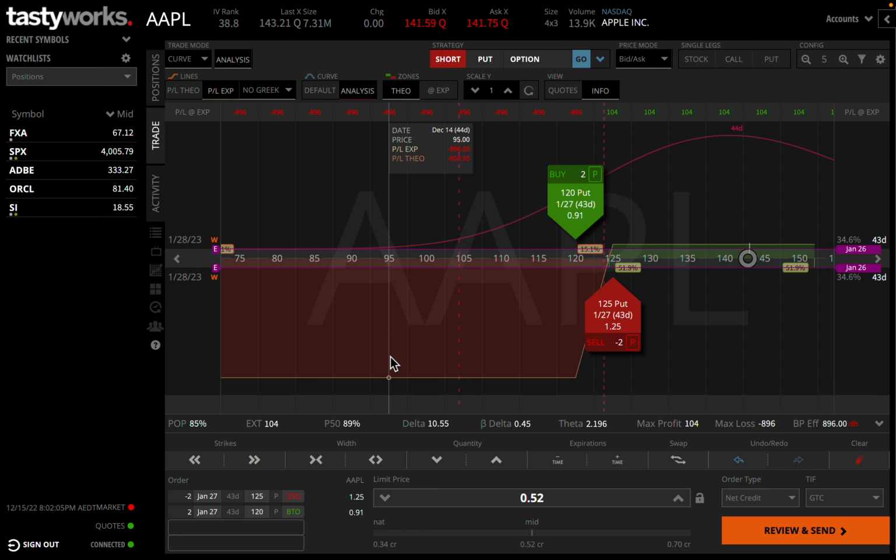If you have a look at the little info tab up the top here, you'll have to pay 896 if it gets around here. But if it gets somewhere in between, you can see how the bottom number 347, see how I'm moving and it's changing, 355. Now, if you get to expiry and it doesn't go past this point, you get $104.